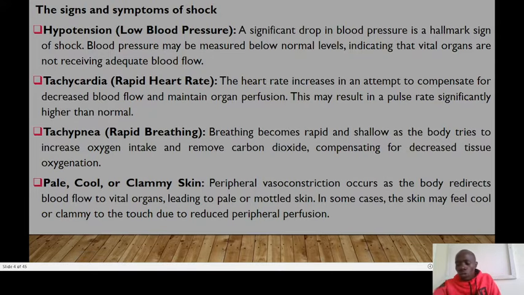We are also going to have impaired circulation or perfusion to the skin. And how does the skin respond? The skin responds by feeling cold and clammy on touch, and this is due to reduced peripheral perfusion.